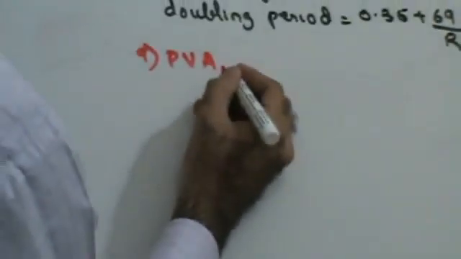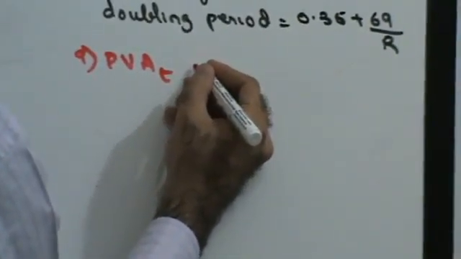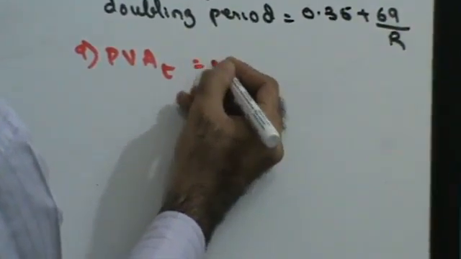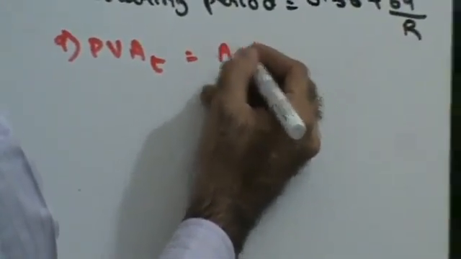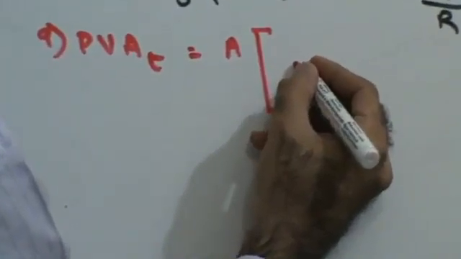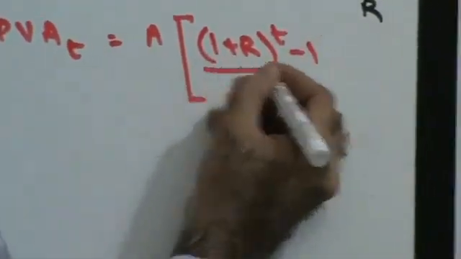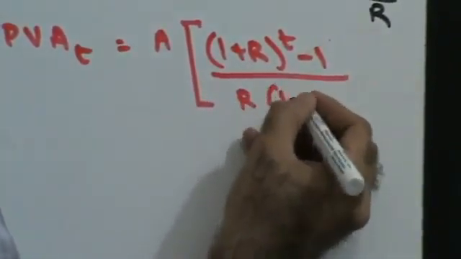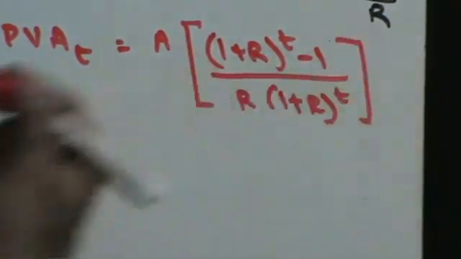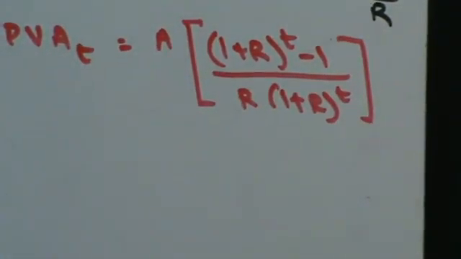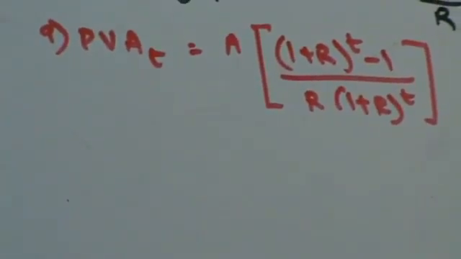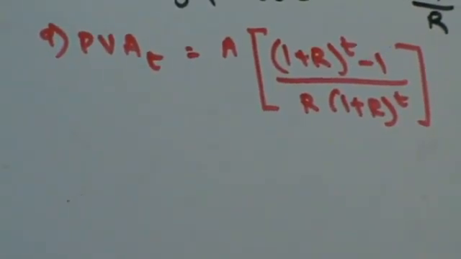So in which case, let's see another formula, present value of annuity for time period T is given by the formula A into (1 plus R raised to T minus 1) upon R into (1 plus R raised to T). Right? This is called as your present value interest factor for annuity. Right?